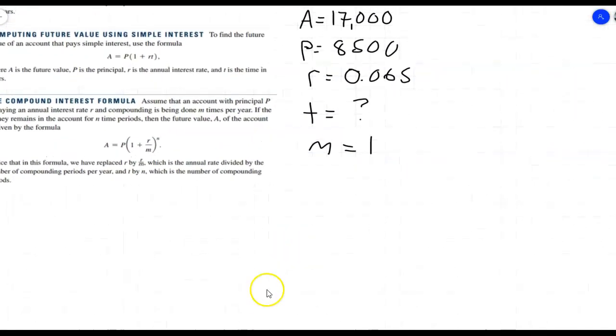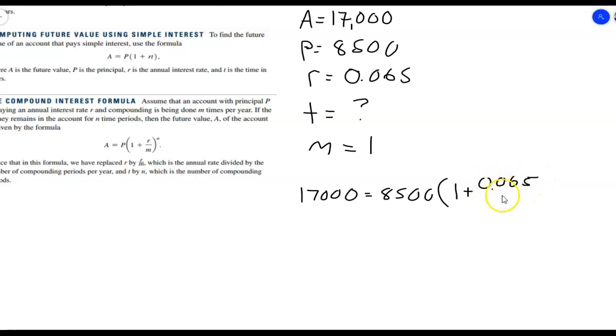So A, which is 17,000, is equal to P, which is 8,500, times 1 plus our R, which is 0.065, all over M, which is 1, raised to the M times T. So that's 1 times T, which is just going to end up being T.